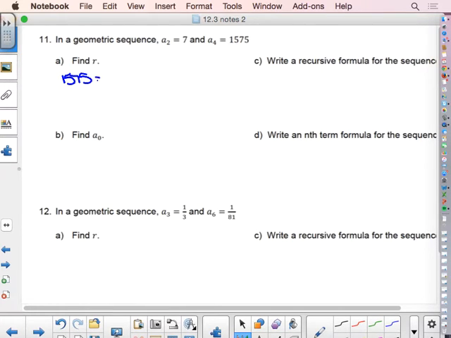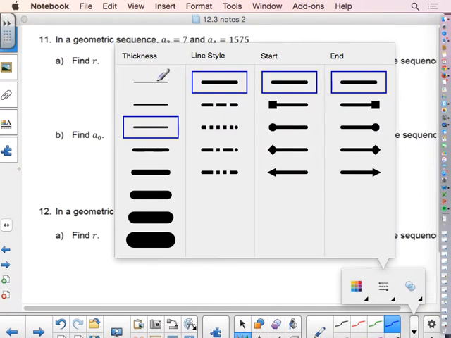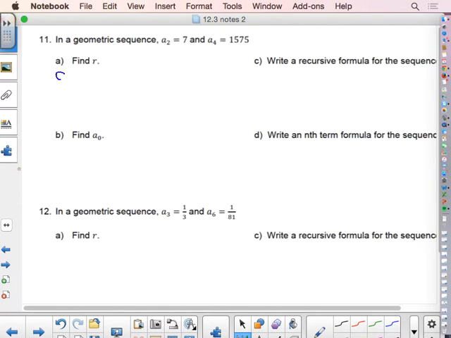I think I'll write that one a little differently. a sub 4 is equal to a sub 2 times r to the second power.